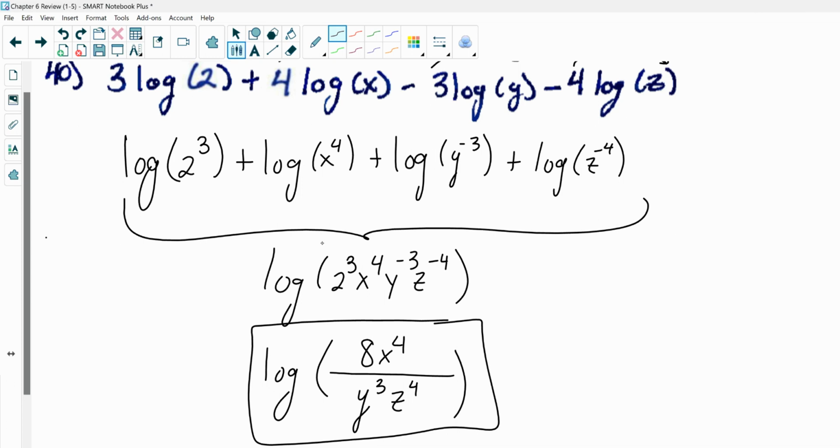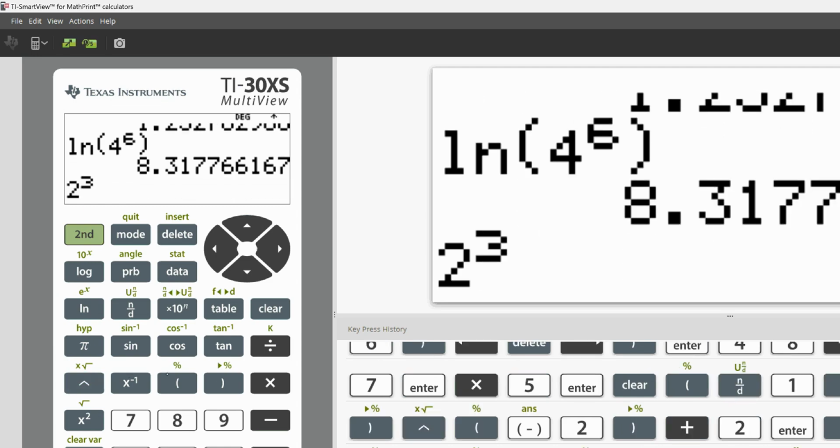Again, if it's a nice number, simplify it. Mainly because it's just a few keystrokes, and it tells you. Just type it in.